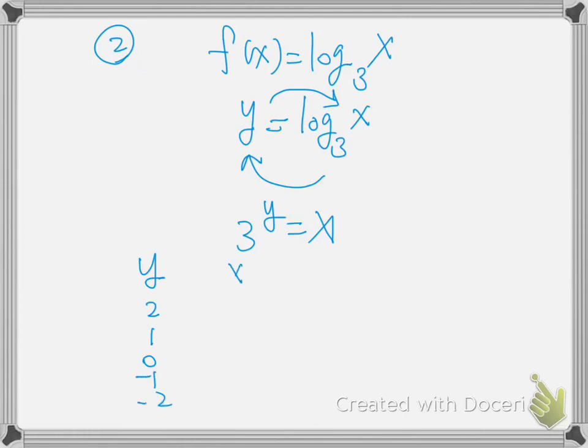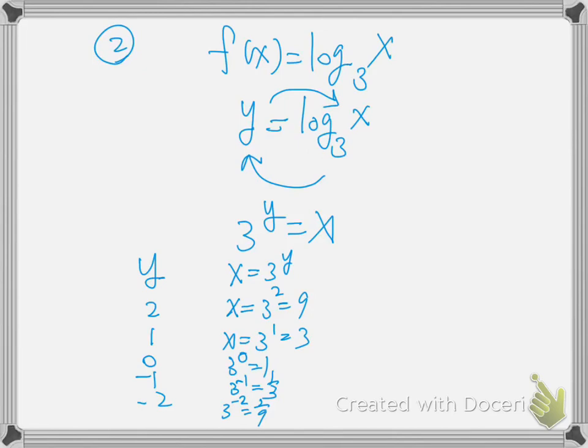So x is 3 to the y's power. The corresponding x here will be 3 squared, which is 9. For number 1, 3 to the first power is 3. And then we have 3 to the 0's power, 3 to the -1's power, and 3 to the -2's power. So we get 5 points: (9, 2).